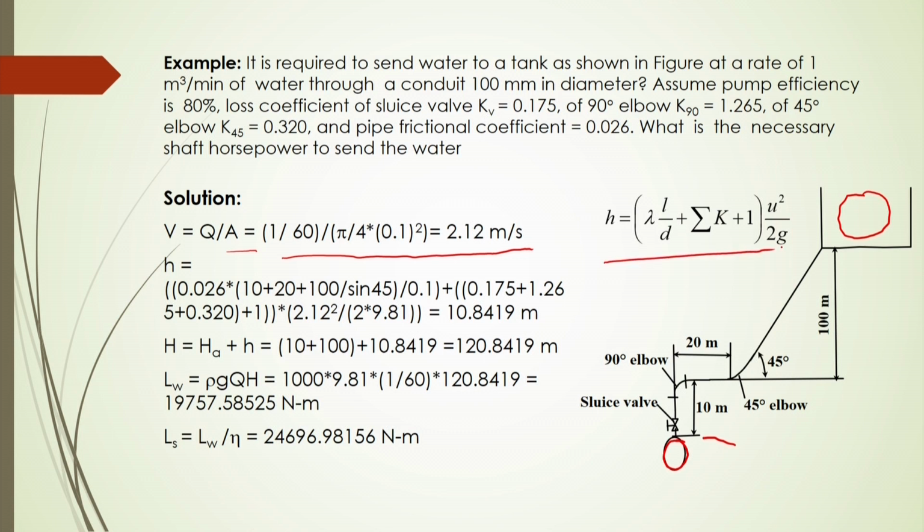head loss? That equals lambda times L by D plus the summation of K plus 1, times U square by 2g. Here lambda is the friction factor, 0.026, times L by D, where L is the total length of the pipe and D is the diameter, plus the other losses, the summation of K for the sluice valve, 90-degree elbow and 45-degree elbow.